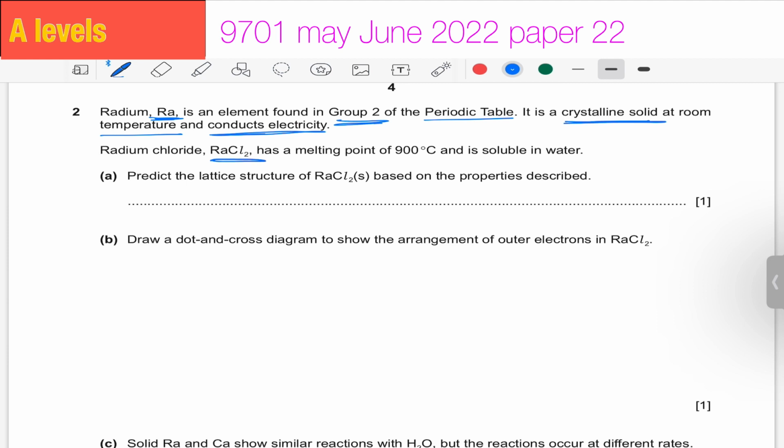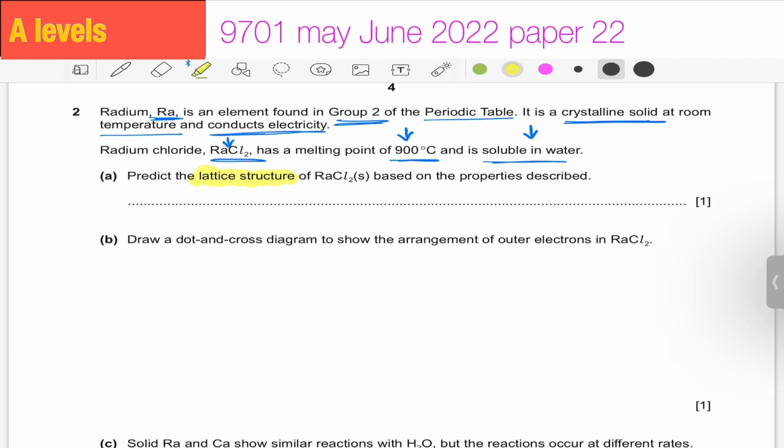Now radium chloride has a melting point of 900 degrees centigrade and is soluble in water. So they have given us a compound of radium, radium chloride, and it has a high melting point and is soluble in water. Predict the lattice structure, the three-dimensional arrangement of particles in space.